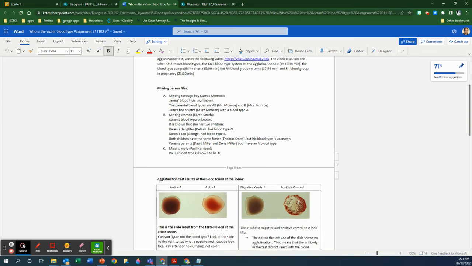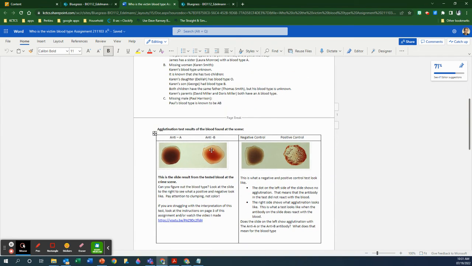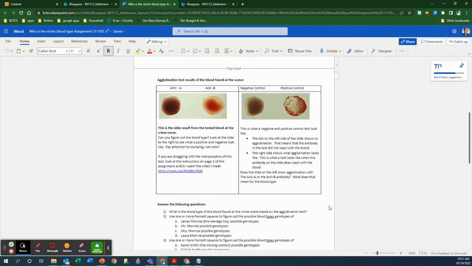So what you can do is test the blood type at the location. A lot of people get this one wrong, which is why I'm going to explain it real quick. On the left here, that's the slide from the crime scene. So these are your results. This is your reaction to the anti-A, and this is the reaction to the anti-B.